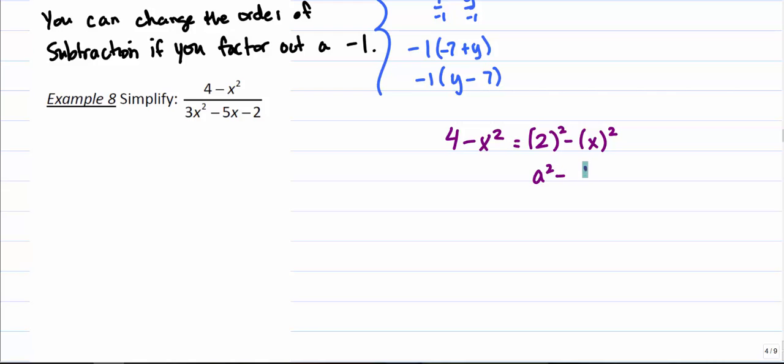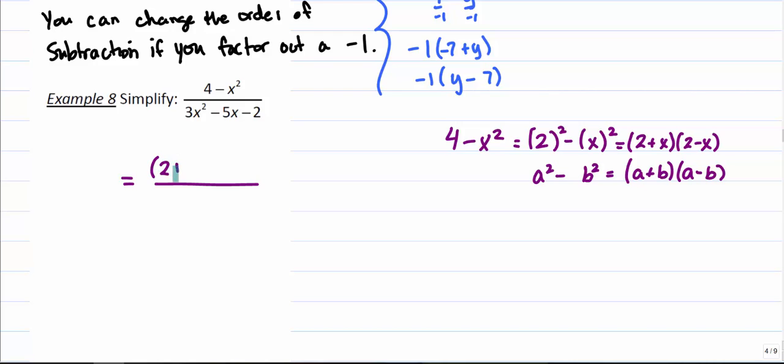And so we just saw a second ago that we can break that into the sum of what I'm squaring, which would be 2 plus x, times the difference of what I'm squaring, which would be 2 minus x. So this numerator becomes 2 plus x and 2 minus x. 2 plus x, you can turn around. You can make that x plus 2, but you can't just turn that one around. So hold your horses.